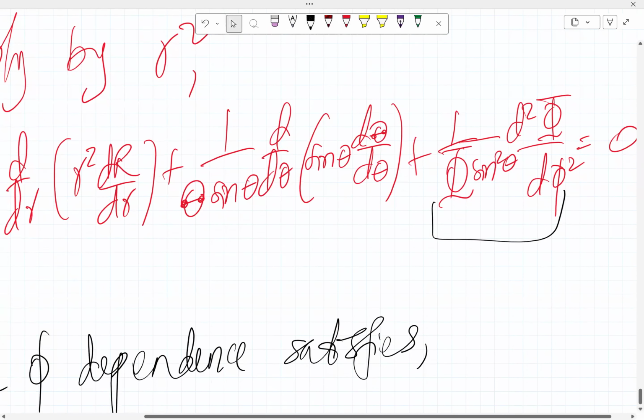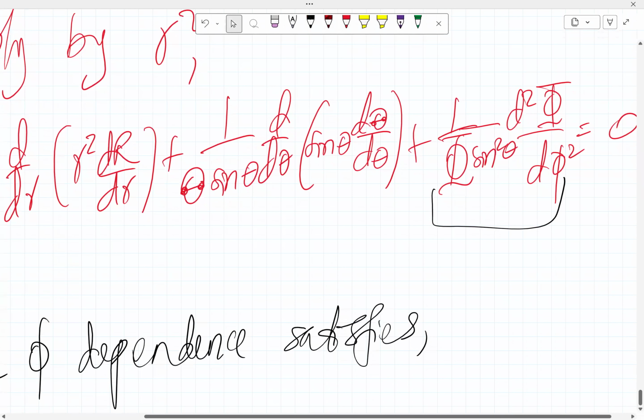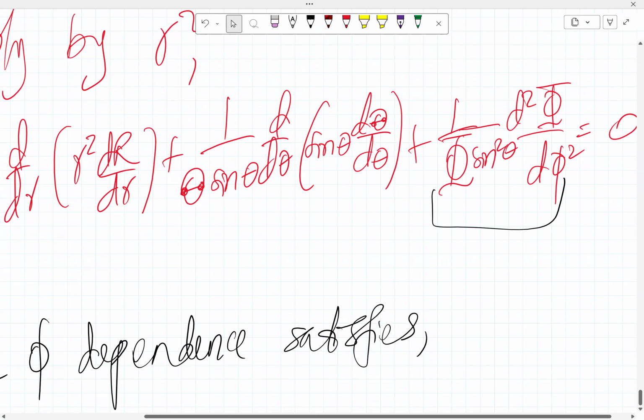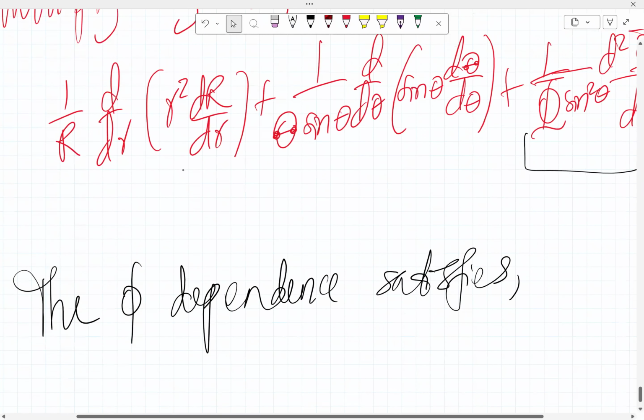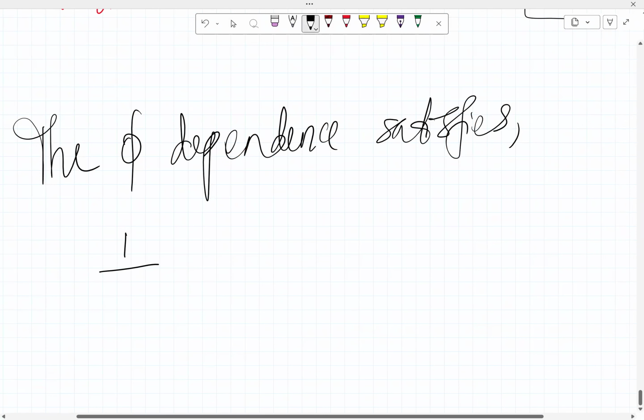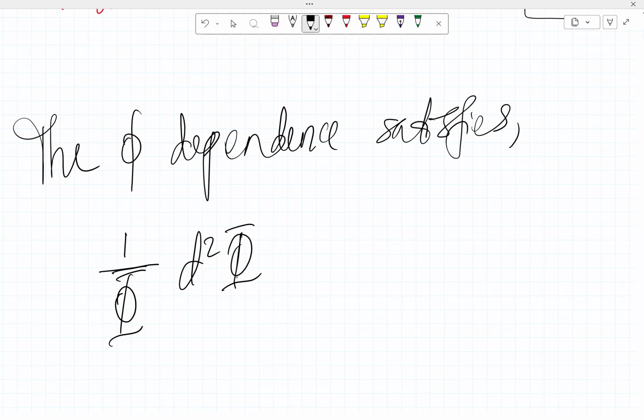The phi dependence would satisfy that whole expression, just extracting the phi part out. So the phi dependence satisfies 1 over big Phi, d squared Phi over d phi squared, is equal to minus m squared, like some kind of constant.